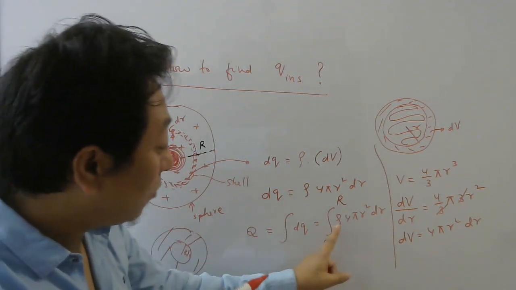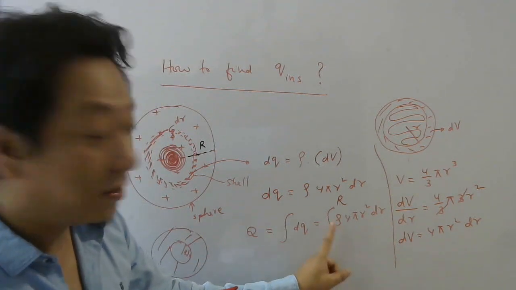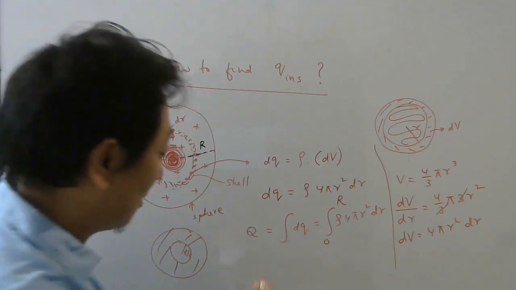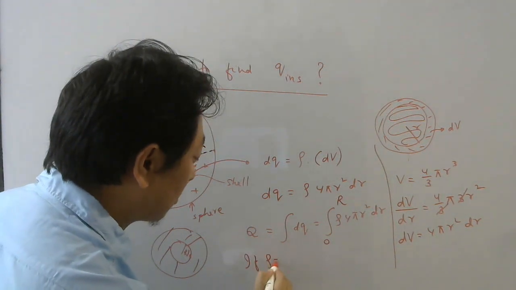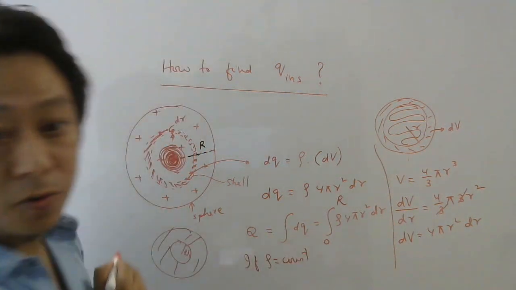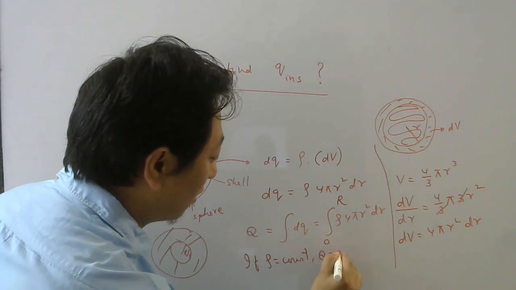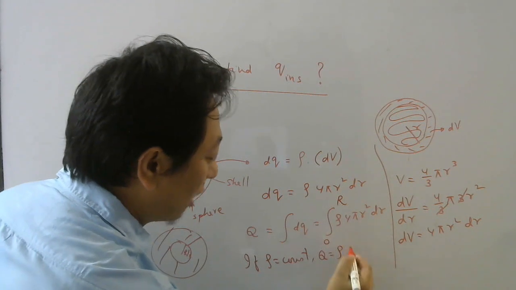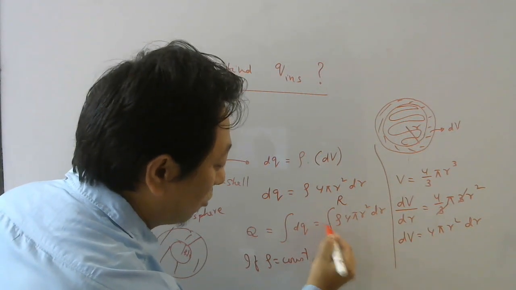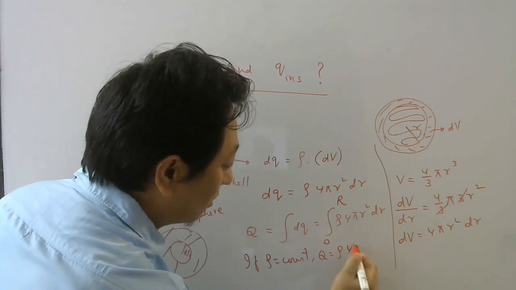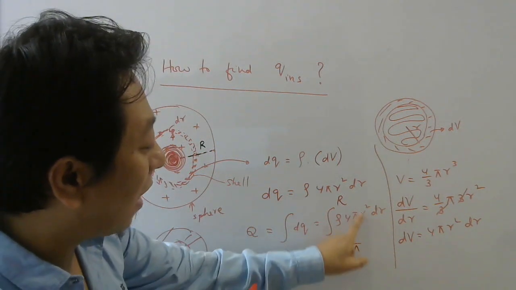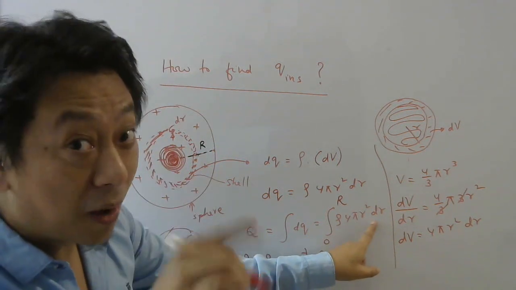Now, if your density is constant, then you can take it out. So only if density is constant. So if your density is constant, you can take density outside. So your charge will be, once density comes outside, what will you get? Rho will come out. 4 pi is also constant, and the integral of r square dr is r cube by 3.